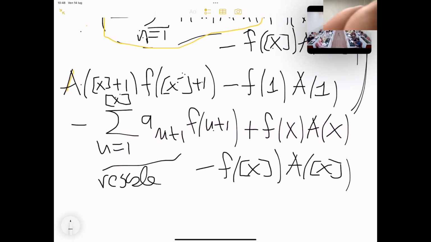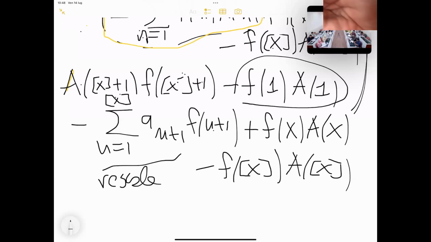And now you see we're almost there, because if we rescale the sum, then this sum starts from n equal to 2, right? n equal 1 means n plus 1 is equal to 2. So here I can add this to this, and it ends with the integer part of x with a minus sign, right? So I can have the first term here, and I should remove the last term here.